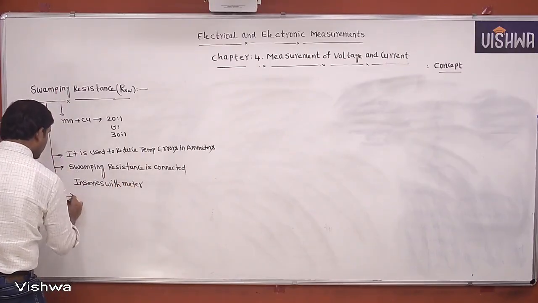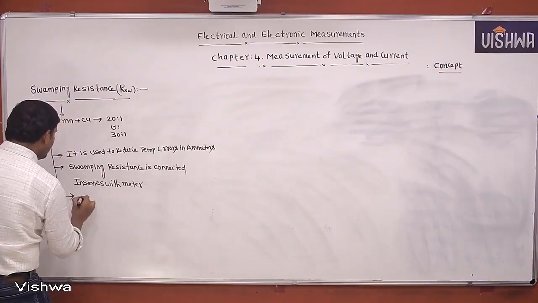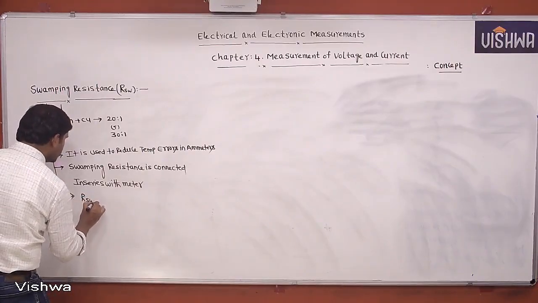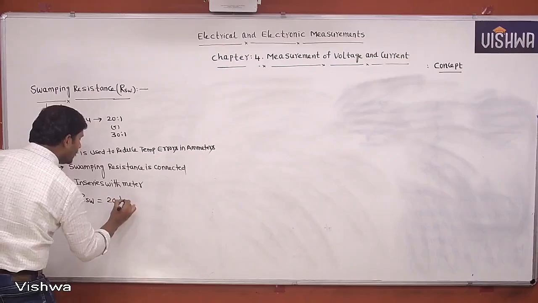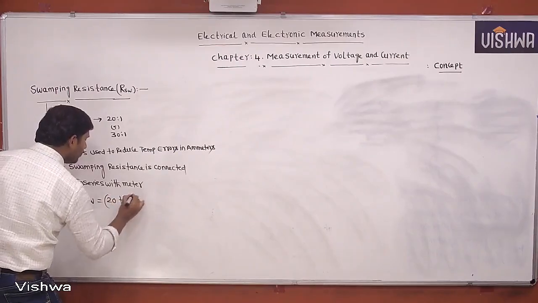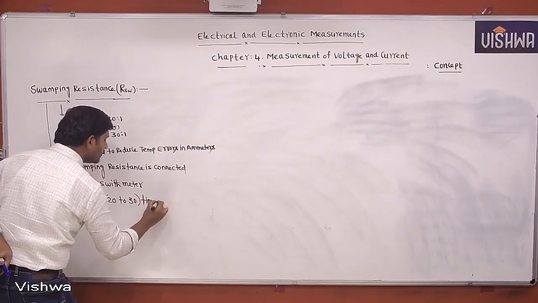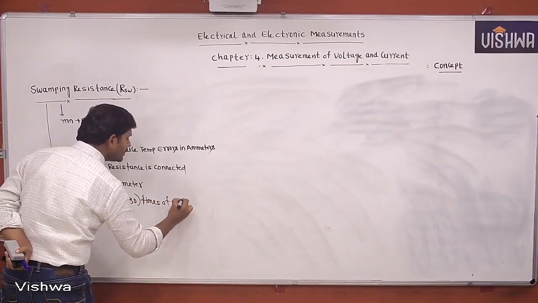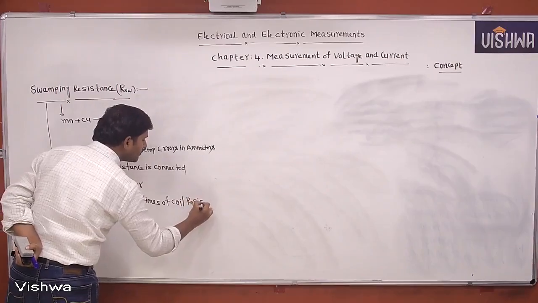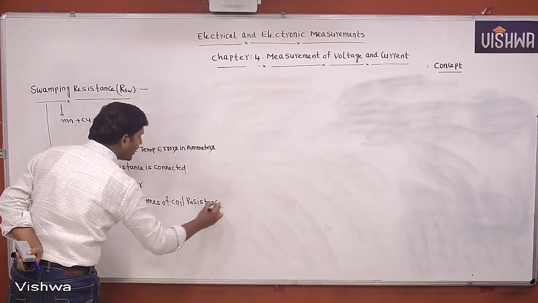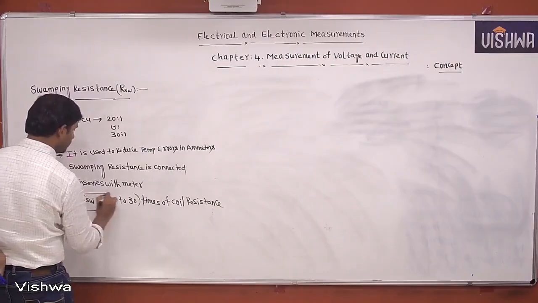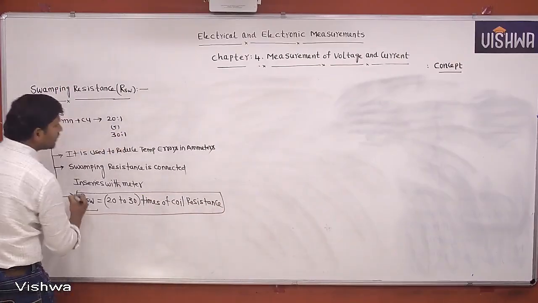Next, in general, swamping resistance is equal to 20 to 30 times the meter resistance or coil resistance. This much swamping resistance we can select.